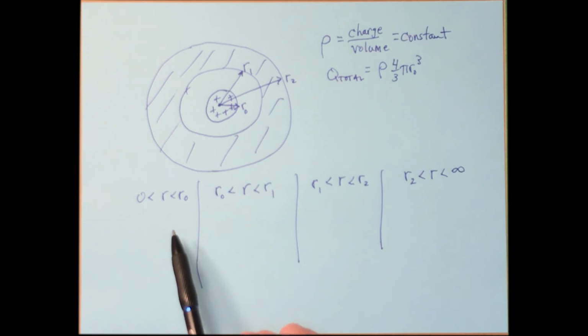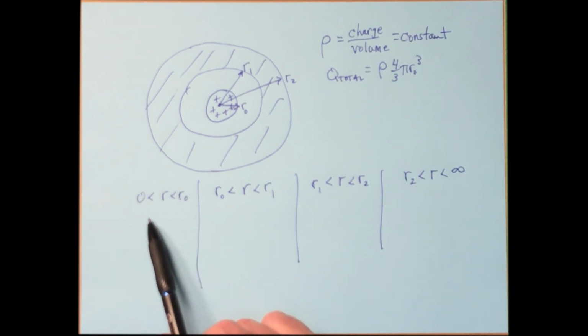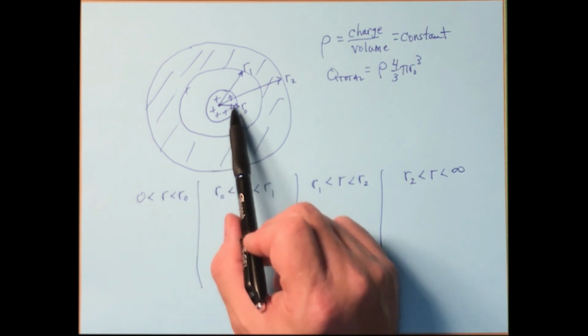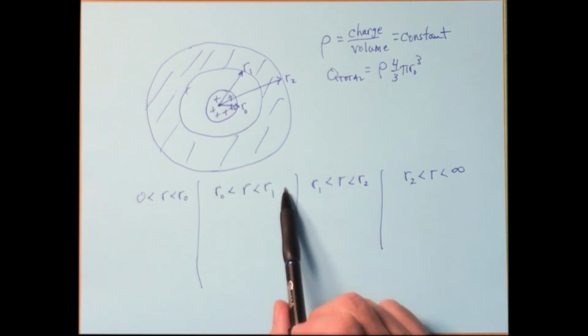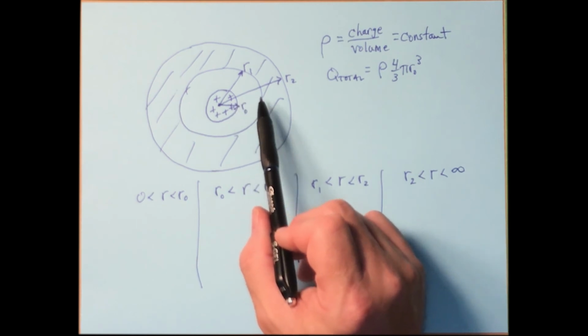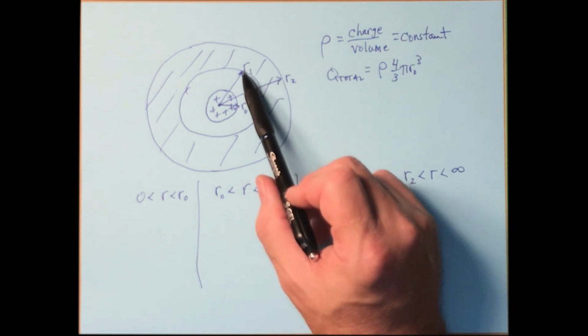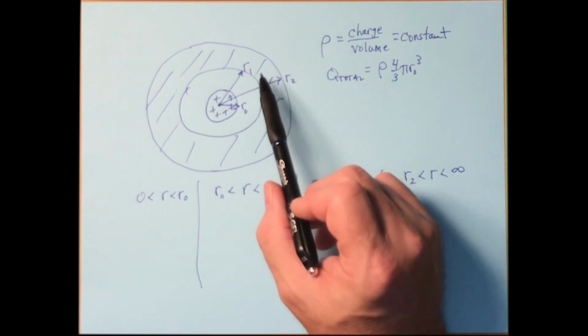So you can see what we need to do here. We need to do a Gauss's law problem for this area. That's the interior here. Then we need to do a Gauss's law problem for this area. That's the region between R0 and R1. And then we need to do another Gauss's law problem for this area. That's the region between R1 and R2 inside the conductor.